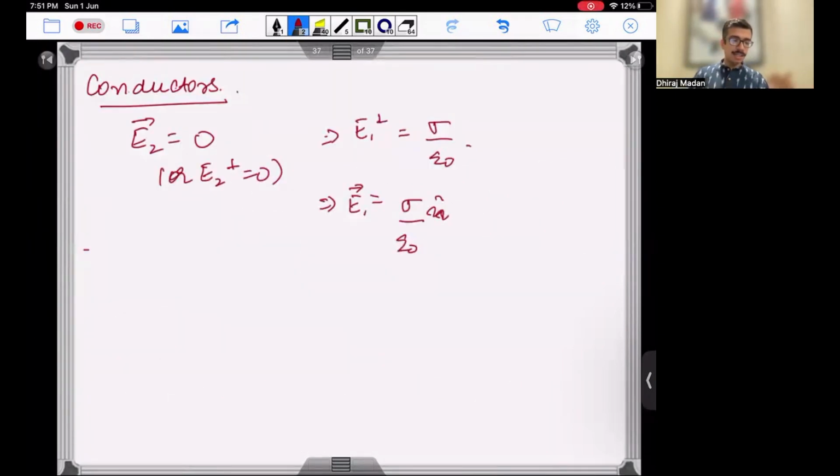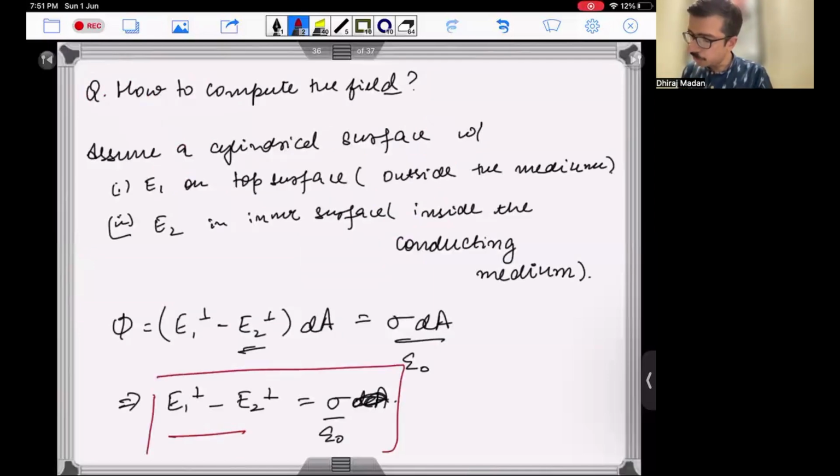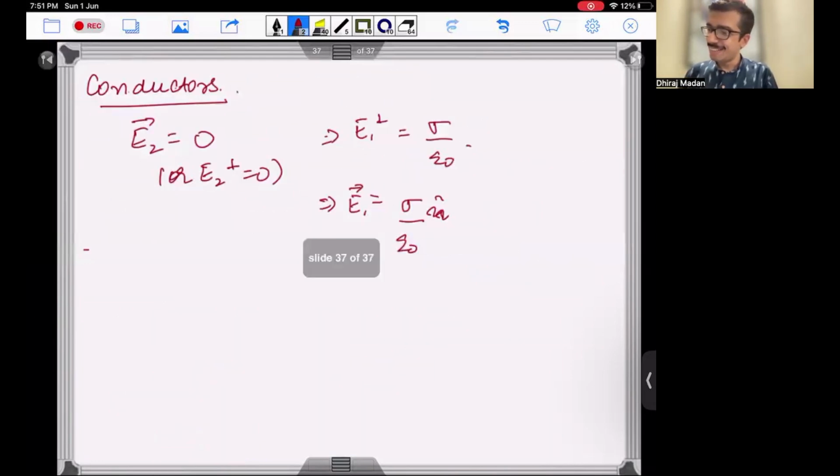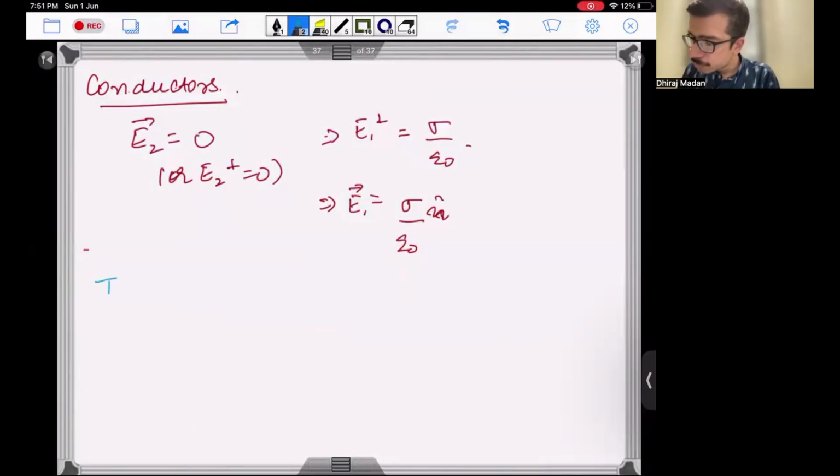But this equation, E1 perpendicular minus E2 perpendicular is sigma over epsilon naught, is also true for any charged surface, even if it is non-conducting.